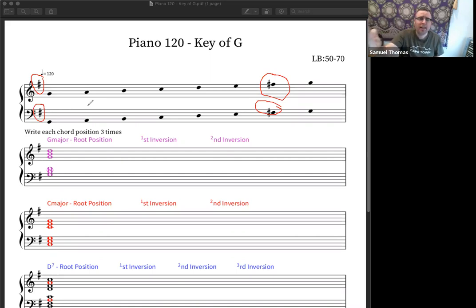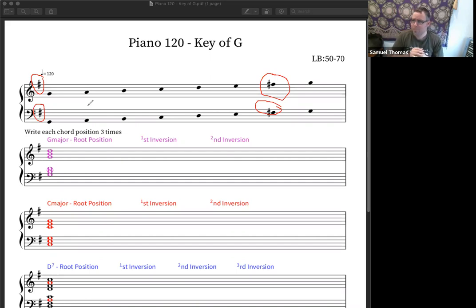I can look at that sharp at the beginning of the music, and it tells me if I'm in the key of C or in the key of G. If it has no sharps or flats at the beginning, I know I'm in the key of C. If it has one sharp, like we see here, that first sharp is always F sharp. And therefore, I know that the only major key that has one sharp, F sharp, is G major. So I know I'm in the key of G.